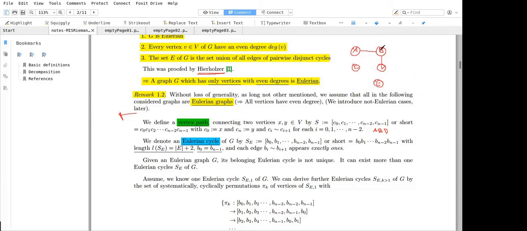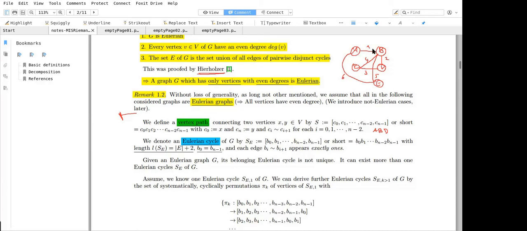We have A to B to D, and then we go D to C, C to B, B to E, and E to A. So 1, 2, and we go here, here, and the final edge which we take is this one. So we see we have an Eulerian cycle, and everything in this graph has an even degree.